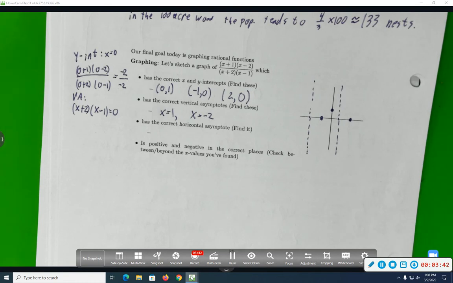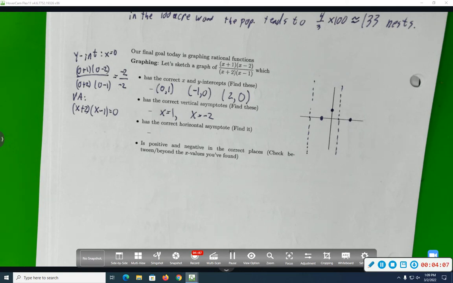How do you find the horizontal asymptote, or where is the horizontal asymptote? Do people want to review how to find the horizontal asymptote? Okay, cool.